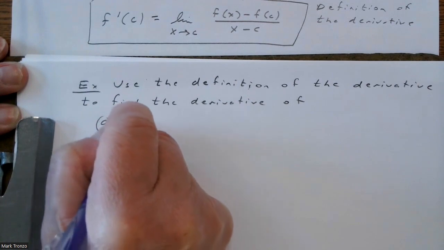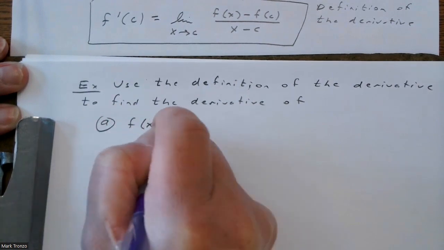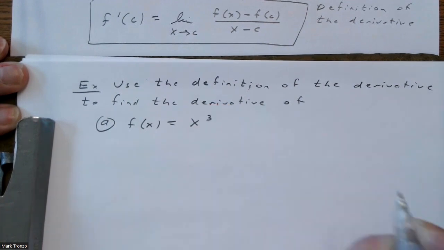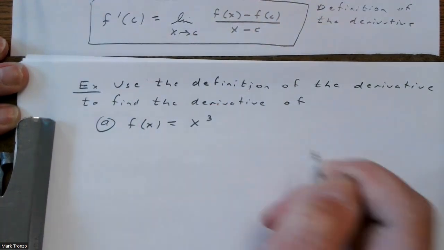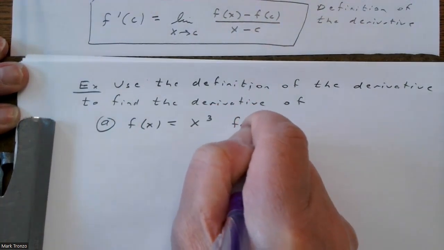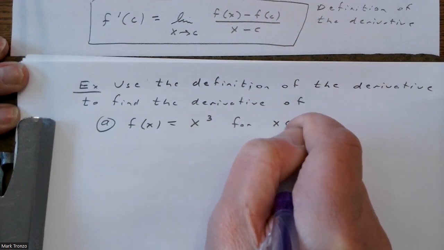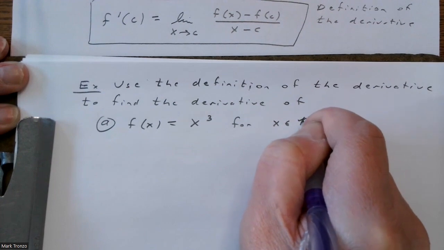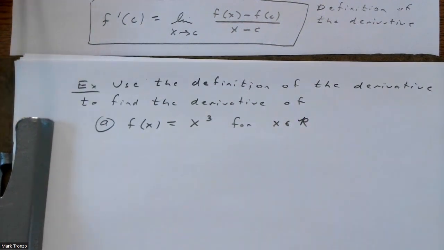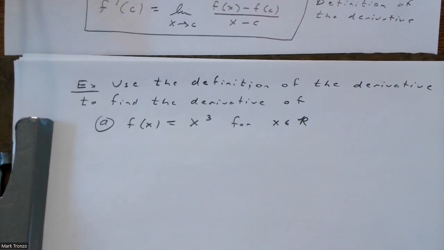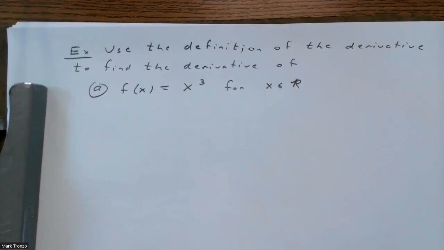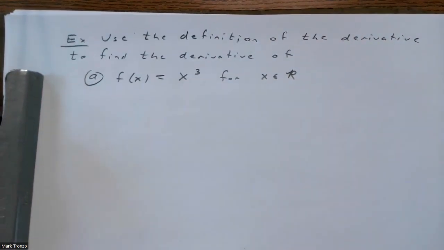Let me do this one first. f(x) equals x cubed for x in the reals. And a lot of times you can just use a generic point C, and that'll give us the derivative at a particular point. There are other ways to do it, but I would just use a generic point C.